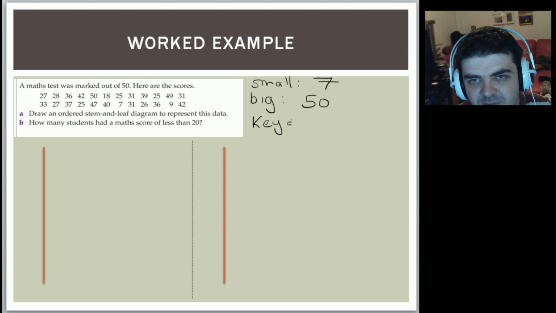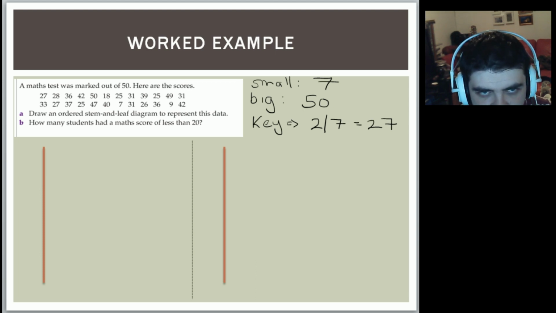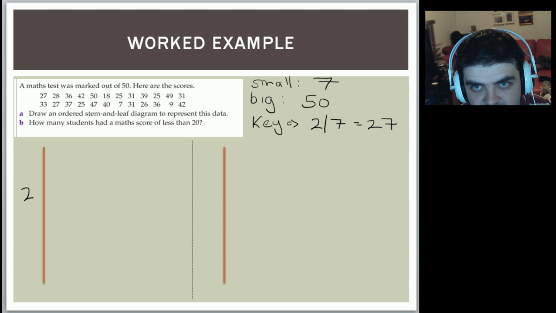And what we'd say for the key, if you just look, is 2 bar 7 stands for 27. What does 2 bar 7 mean? Well, it means that if I write 2 here, this bar stands for the bar in the key. So 2 bar 7, and I write 7 the other side here, stands for 27.